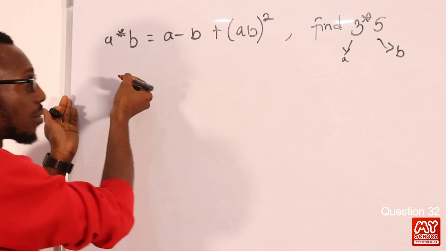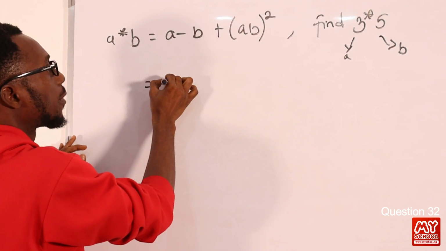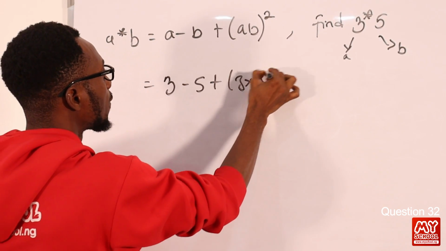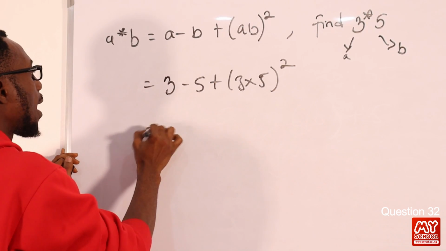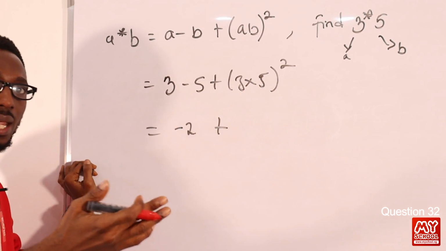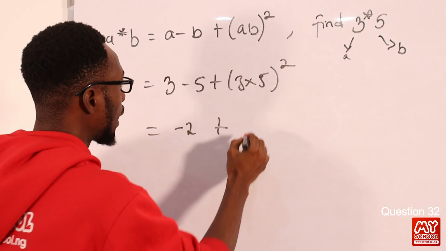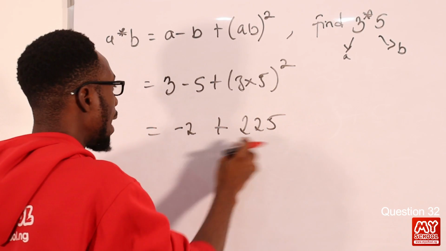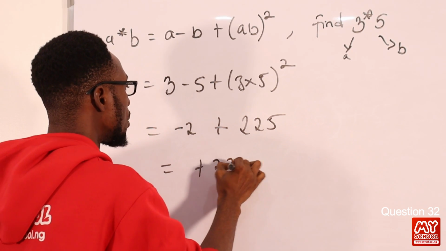So we just have to slot them in. So that will be 3 minus 5 plus 3 times 5 raised to power 2. So 3 minus 5, that is minus 2, plus 3 times 5, that is 15. 15 raised to power 2, that gives us 225. So minus 2 plus 225, that is plus 223.